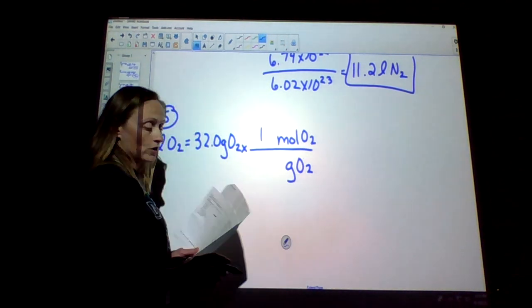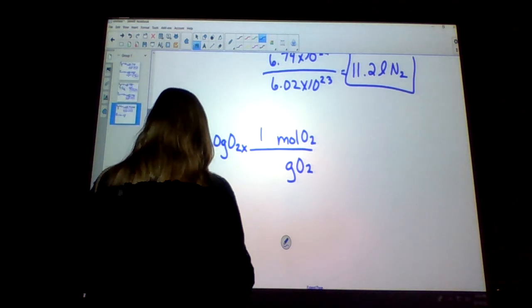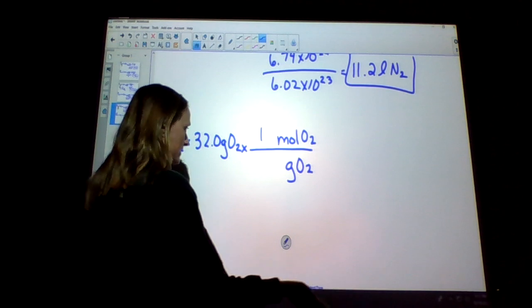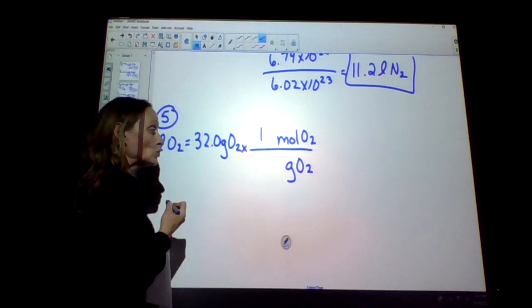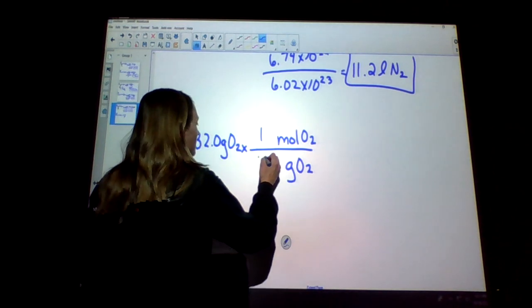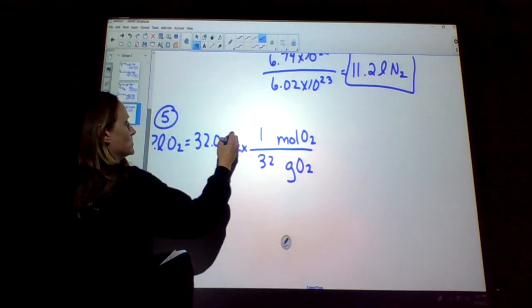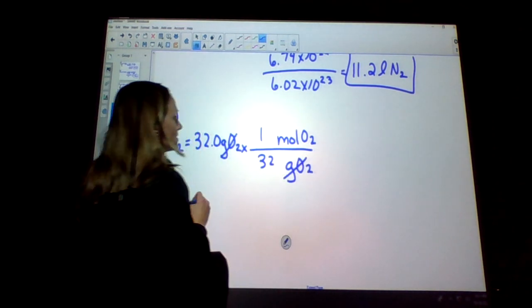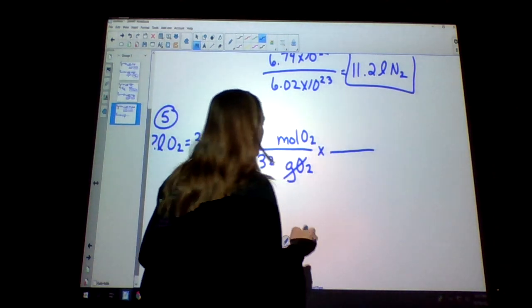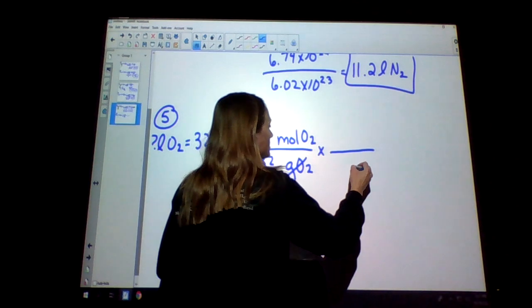Again, the number 1 goes with our number of moles. And oxygen has the mass of 16, but notice it's O2. So we need to take 16 times 2. That gives us 32 grams. So now our grams of oxygen is going to cancel out. Now we're going to convert our moles of oxygen.